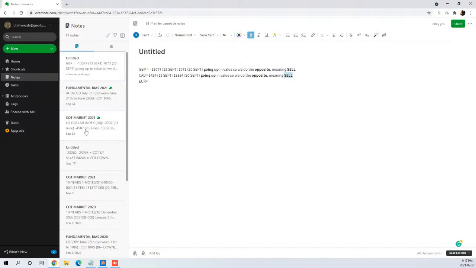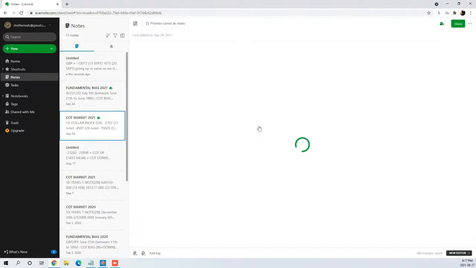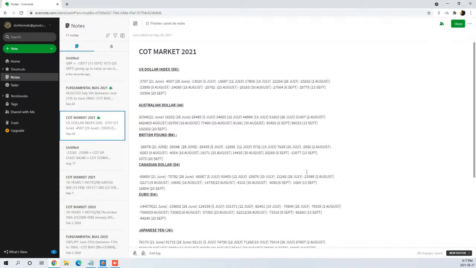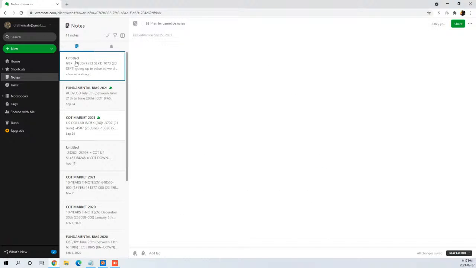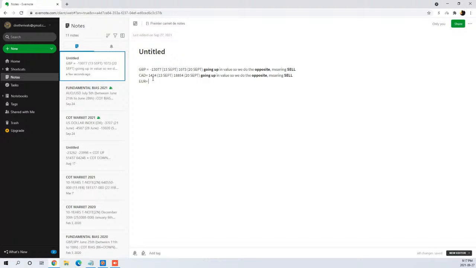Lastly, we're going to look at the euro that we looked at the beginning. So what is the euro giving us? Same thing. I think the way I'm doing it right now is helping a lot of people see exactly the process and what we're looking at to give our bias for the week.